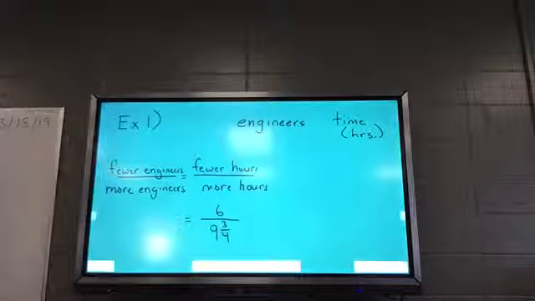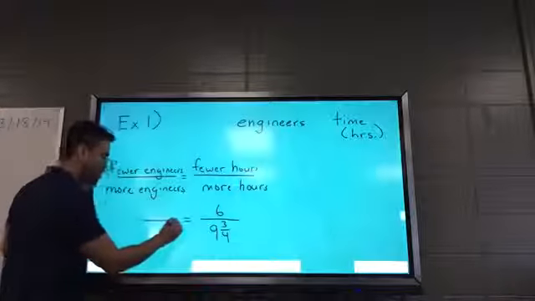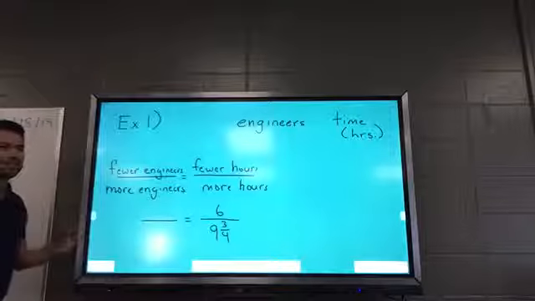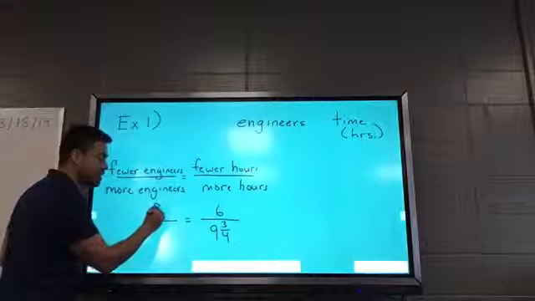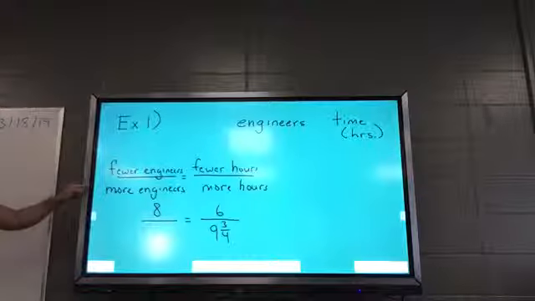But the engineers, here's what you have. 8 engineers took 9 3/4 hours. The time needs to go down, which means the engineers need to go up, the opposite way. So where does the 8 go? The 8 goes on the top, because I'm going to get a scenario where you have more engineers.